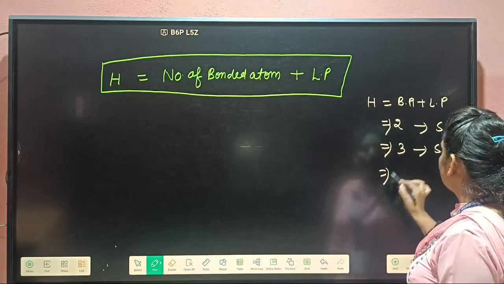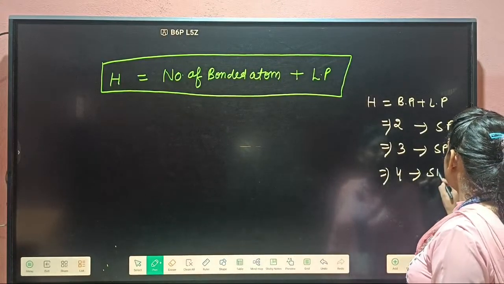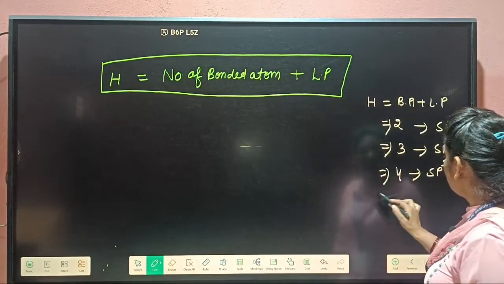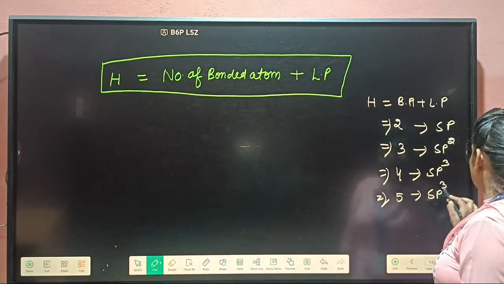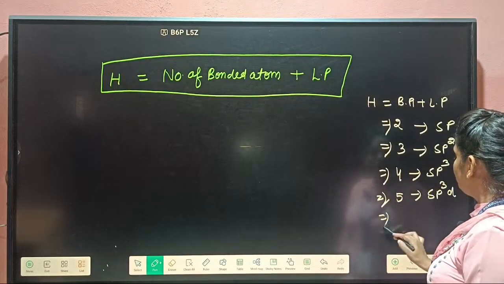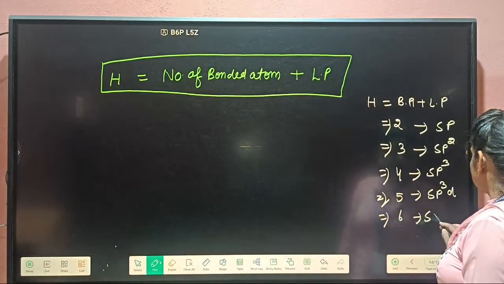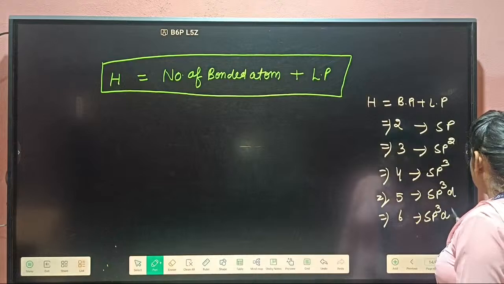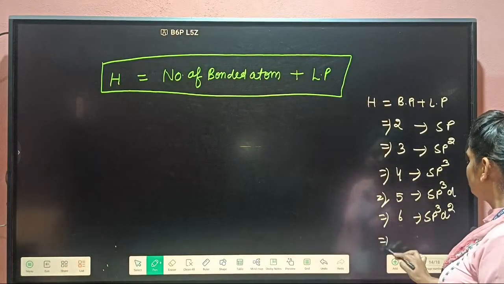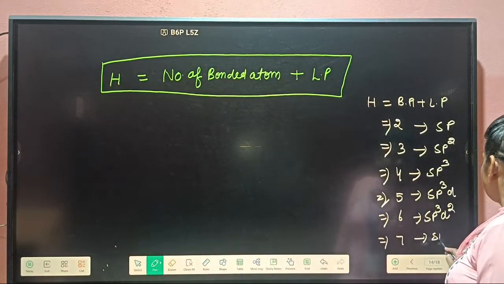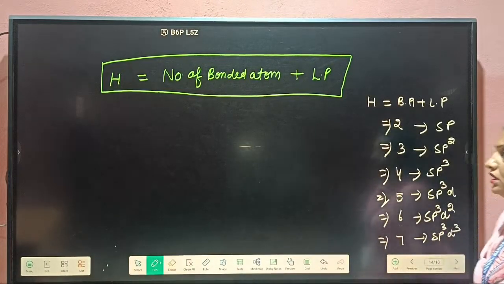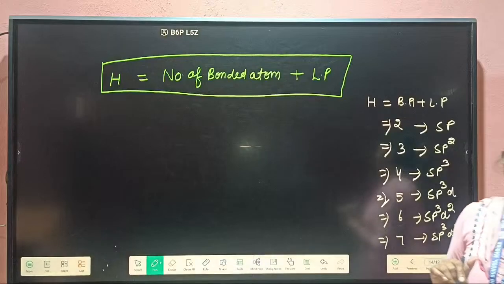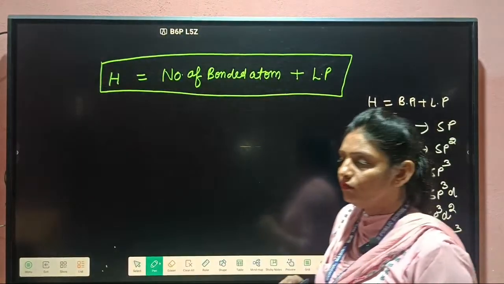If this value is 4, then sp3. If this value is 5, then sp3d. If this value is 6, then sp3d2. And if this is 7, then sp3d3. So in a simple way, you can tell the hybridization of a molecule.